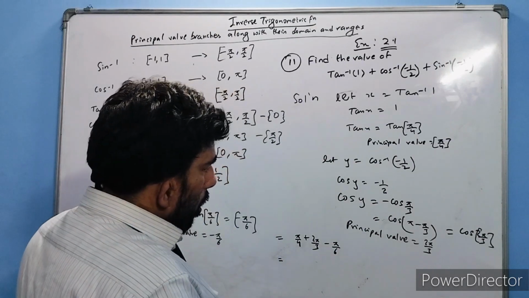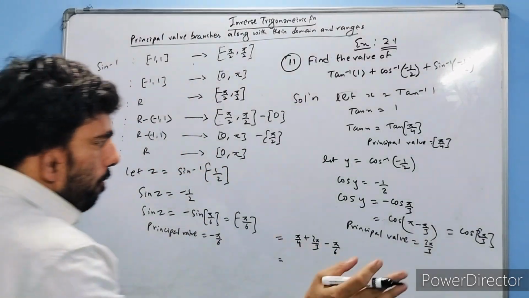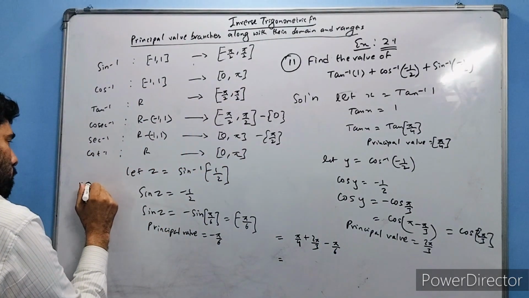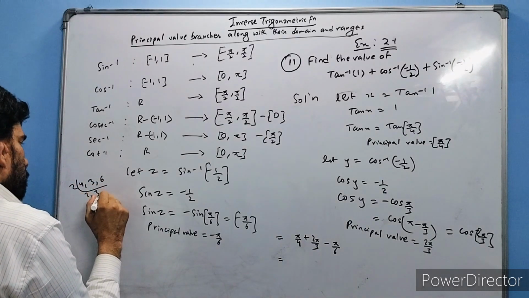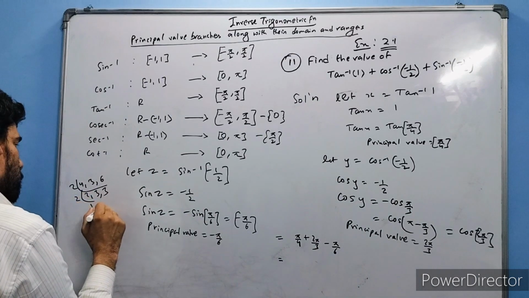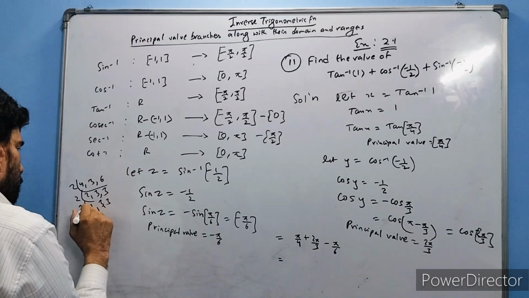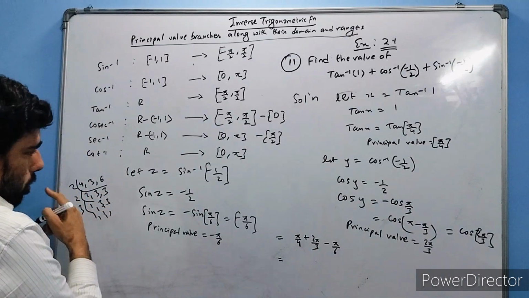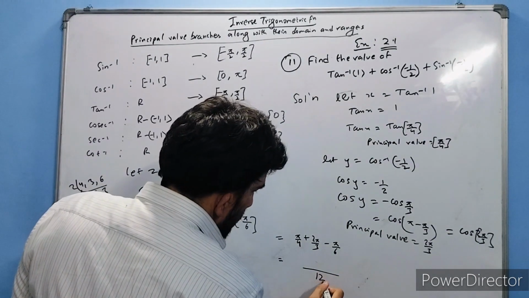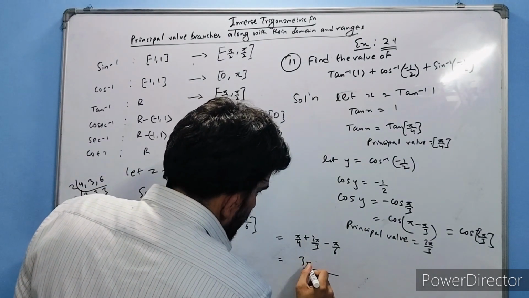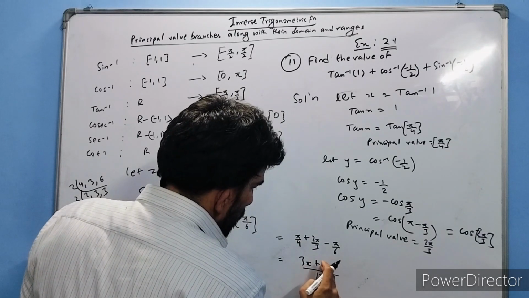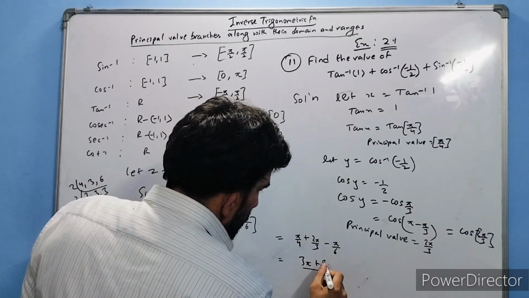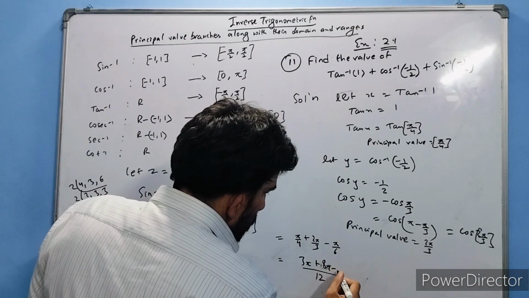Now take the LCM of 4, 3, 6, which is 12. So I got 3 pi plus 8 pi minus 2 pi.